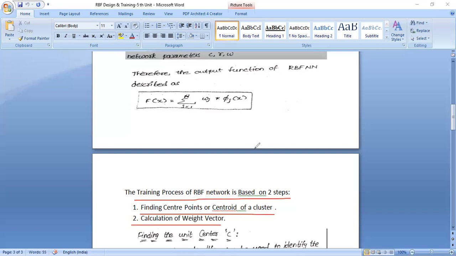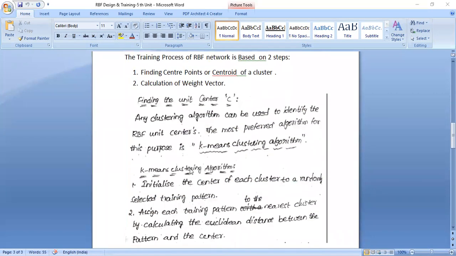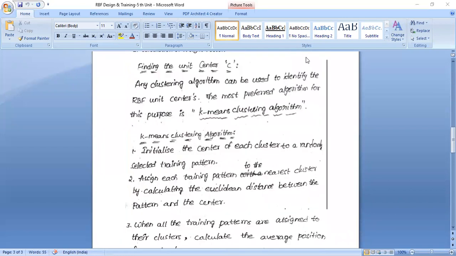Coming to the first one, finding center points or centroids of a cluster. This is step one, finding the unit center.